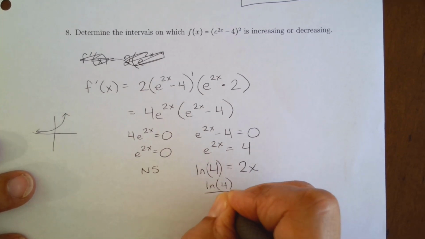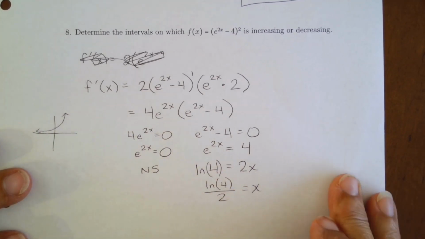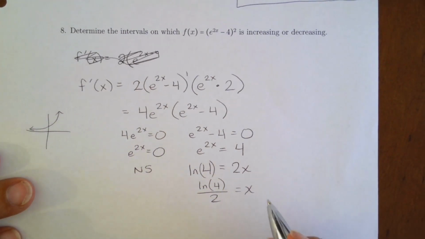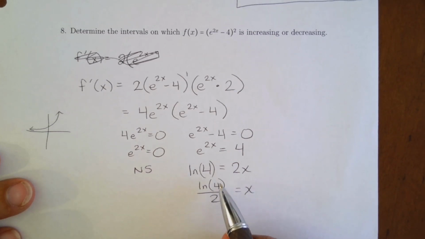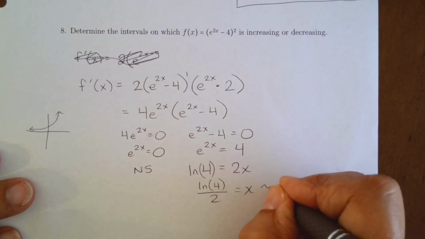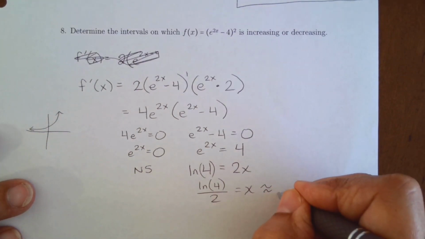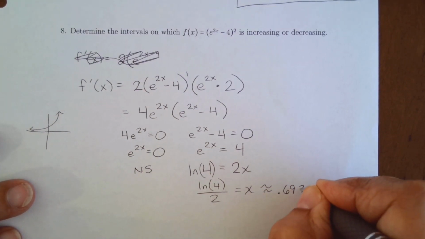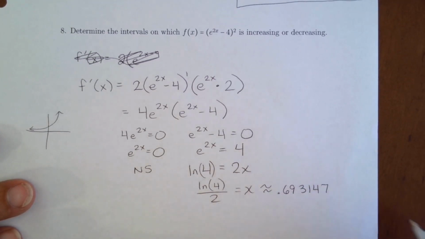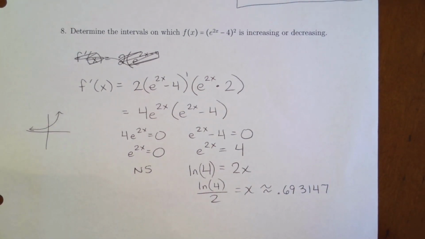So the natural log of 4 divided by 2, that's our critical number. Okay. Put that in your calculator, the natural log of 4, and then divided by 2, you will get approximately 0.693147. Okay, I'm not going to round too much, but that's basically what that is.